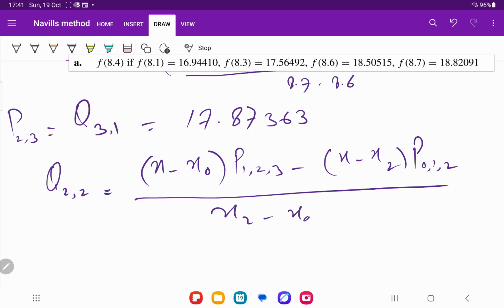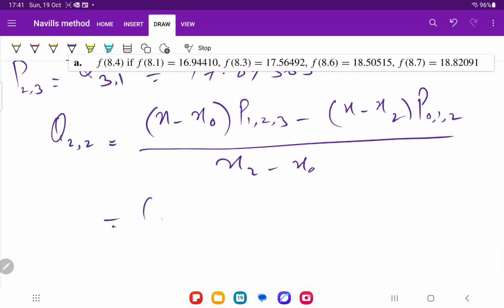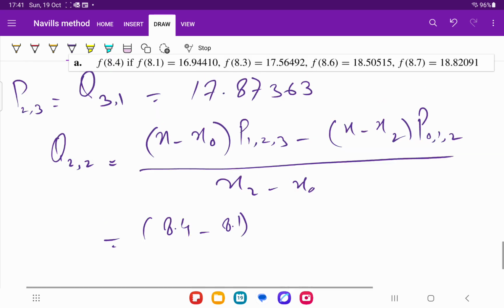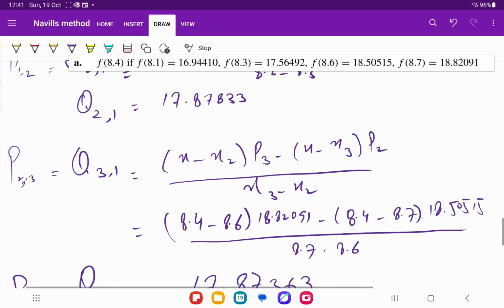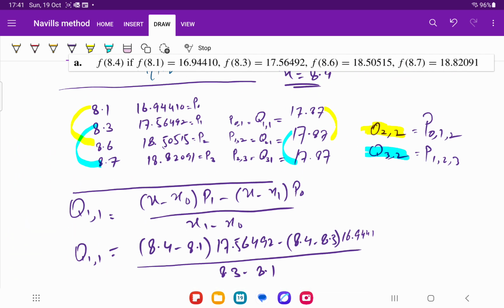Okay, so again 8.4 is your x, x0 is 8.1, and p123 is the first generated point. Sorry, I think I have used the wrong information.